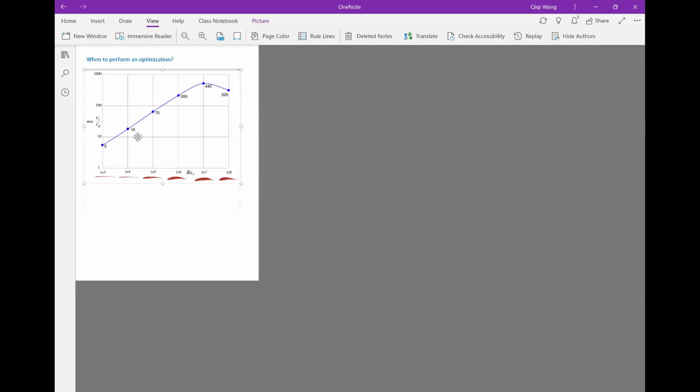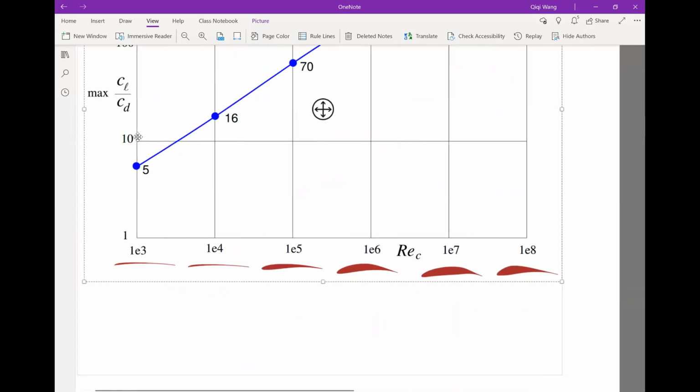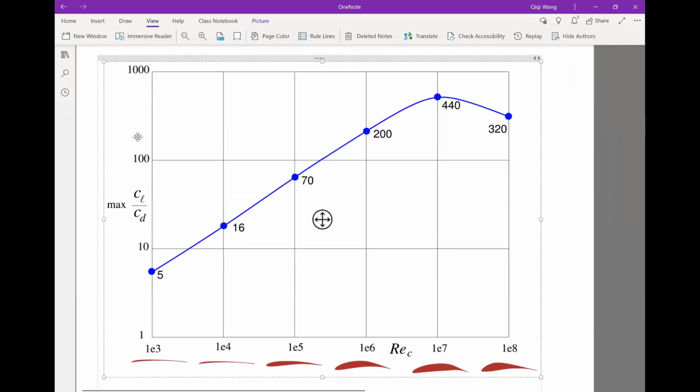Another example is, what if you don't want to maximize the lift coefficient, but the lift over drag ratio, or L over D? That's a parameter that controls the glide ratio, for example, if you build an airplane out of this airfoil. The design variables, the control factors, are exactly the same, the camber and thickness of the airfoil. But we have a different objective function: we need to compute the lift and also the drag.